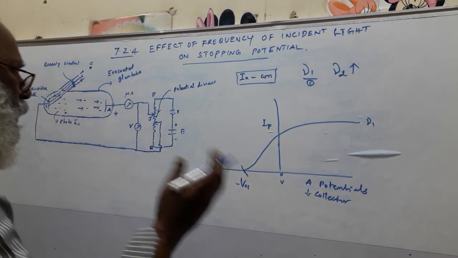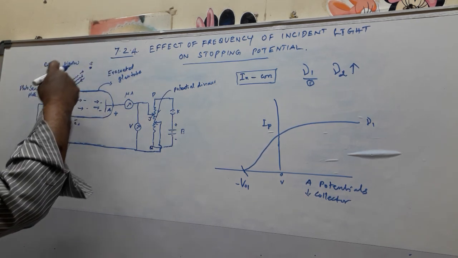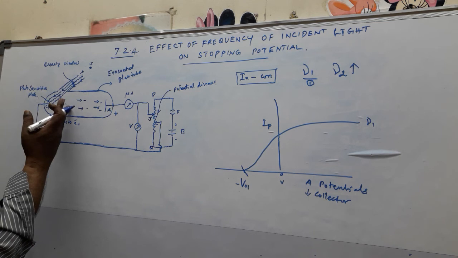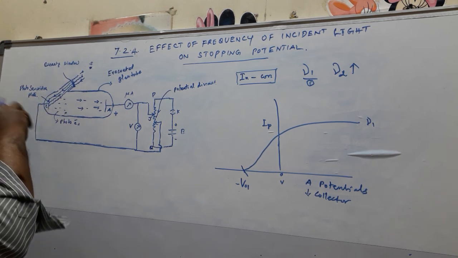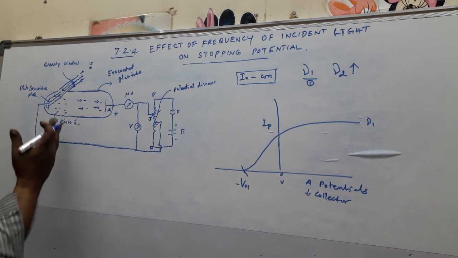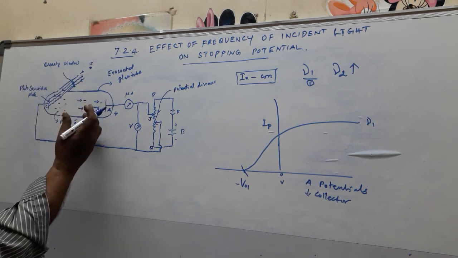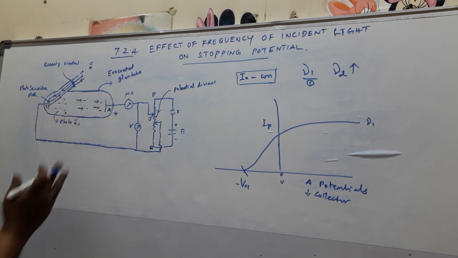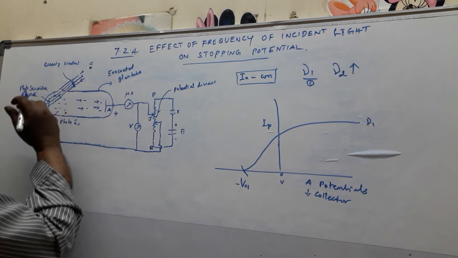So if you are increasing the incident ray or ultraviolet ray frequency, what happened here? There may be most energetic particles emitted and moving towards the anode, then the stopping potential also increases.